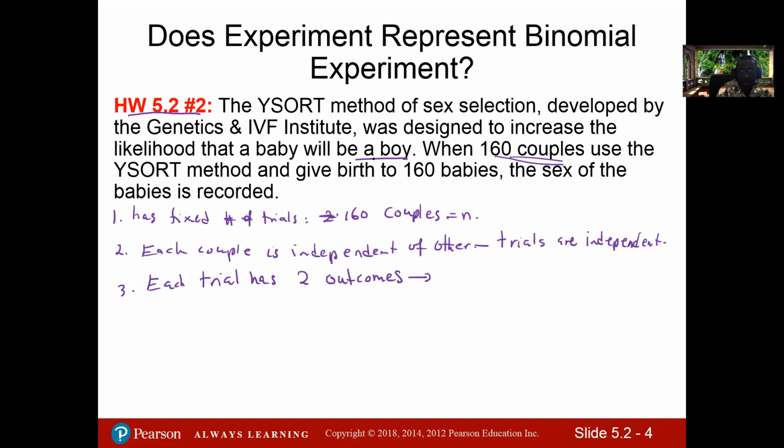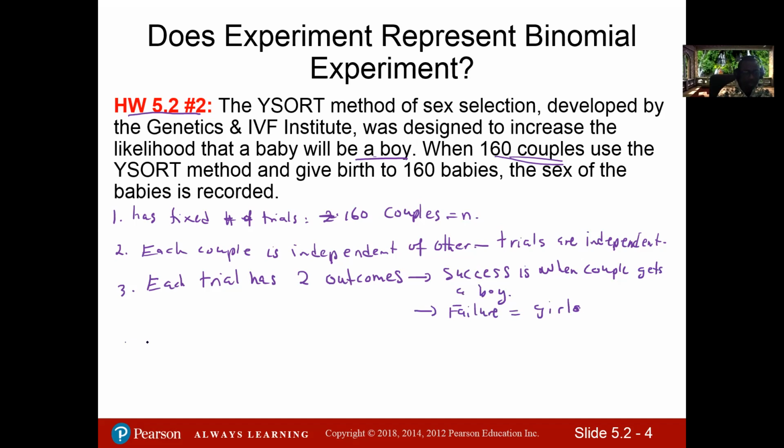A success is when a couple gets a boy. And then the failure is when we get a girl. Okay. So it has 2 possible outcomes, a boy and a girl.